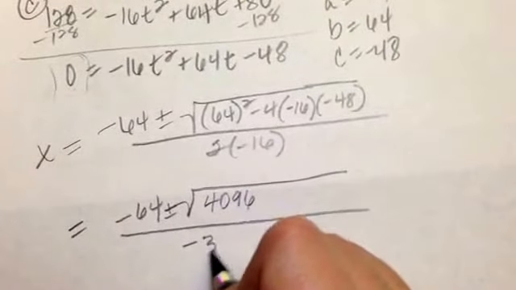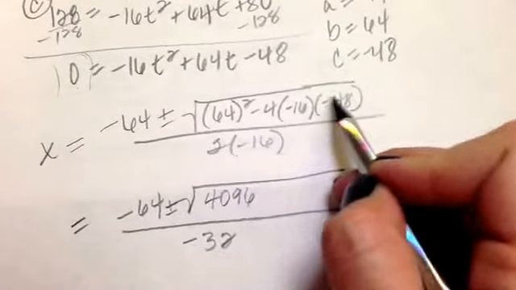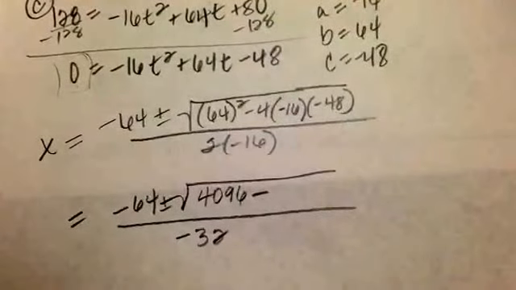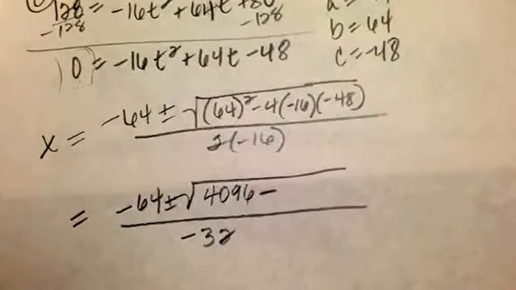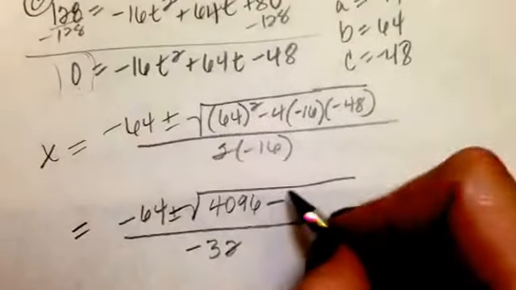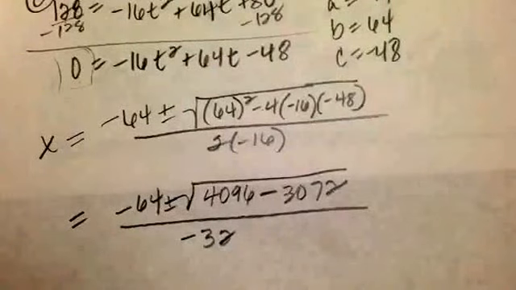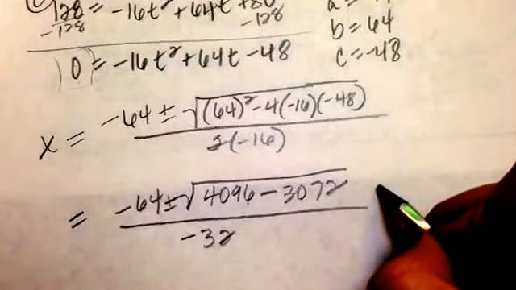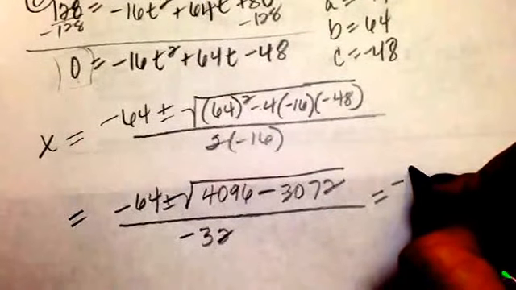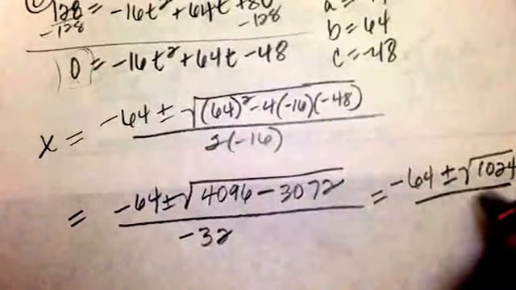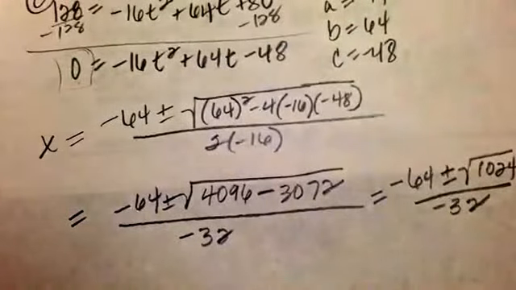All this is over negative 32. Negative times negative times negative is going to be minus 4 times 16 times 48, which is 3072. 4096 minus 3072. I'm looking at negative 64 plus or minus radical 1024 all over negative 32.